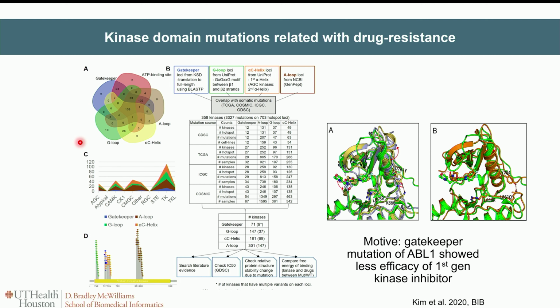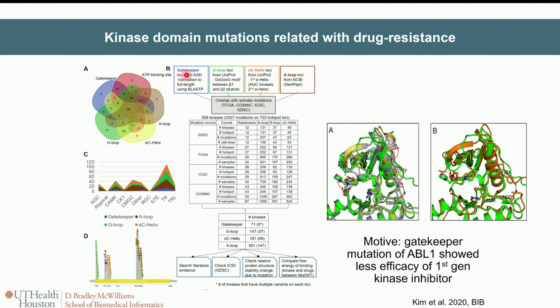Specifically for this one, I studied it when I was a postdoc. We know that BCR-ABL1 fusion is the target of Gleevec in leukemia, but after certain findings of specific kinase domain mutations located in very specific positions, they can cause drug resistance.